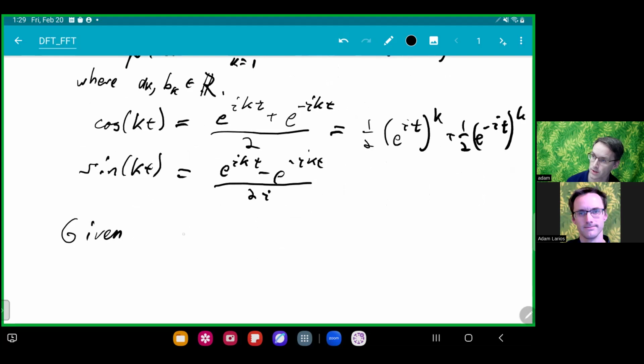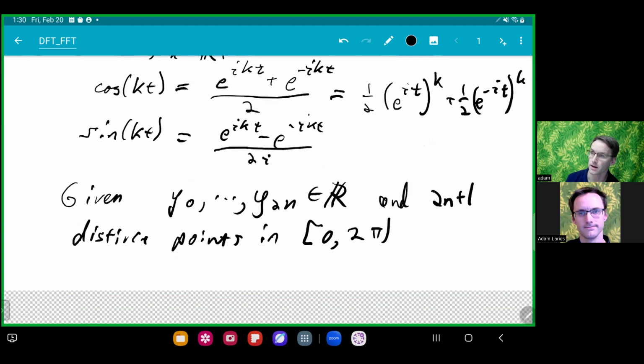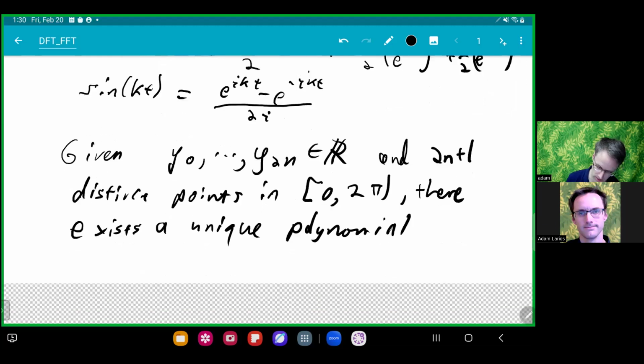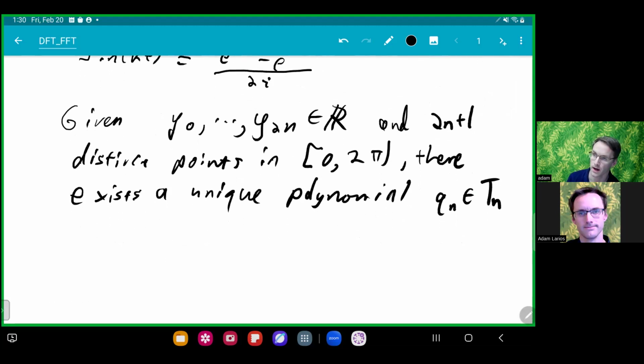Given some points y0 up through y2n, which are just real numbers, and say 2n plus 1 distinct points t0 through t2n on the interval from 0 up to 2 pi, then there exists a unique polynomial, let's call it qn, in our trigonometric space Tn, such that it interpolates the data.